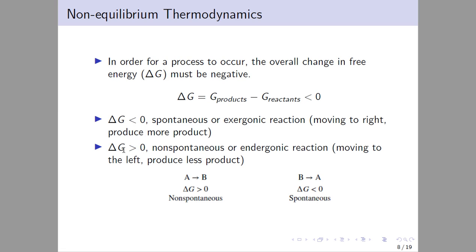But if delta G is greater than 0, it is non-spontaneous or endergonic, moving to the left and producing less product. Let's say in our biomolecule we have cis and trans, where cis is A and trans is B. If delta G is greater than 0, then we have a lot of biomolecules in the cis conformation rather than the trans conformation.